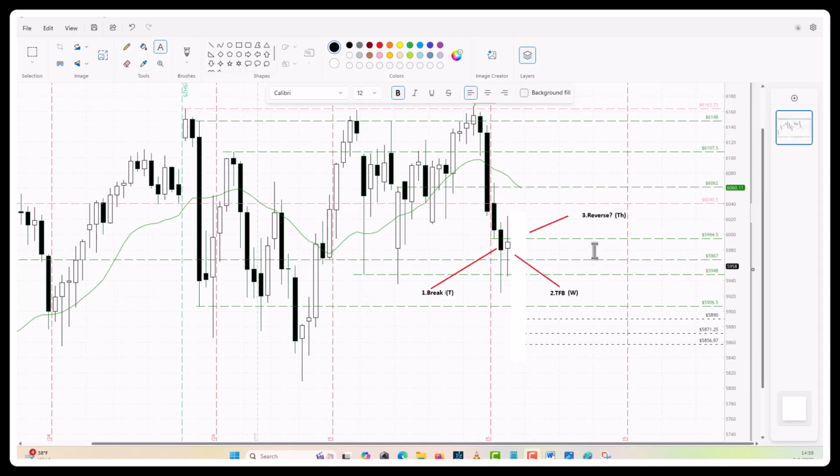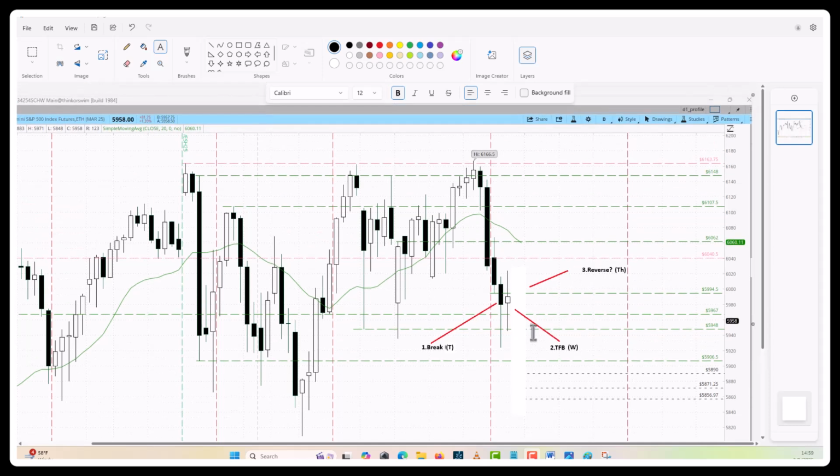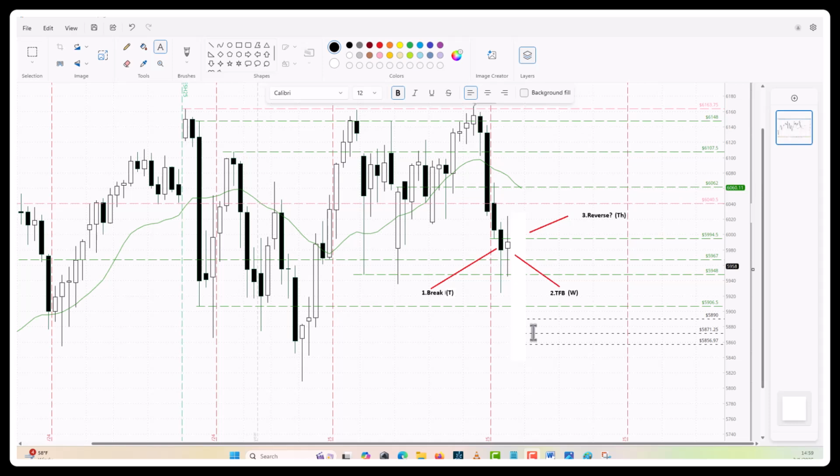So right here we anticipate that, okay, on Thursday it can be a long setup, reverse with a question mark right there. So that's our thought process before going to Thursday. So we have a potential for a breakout reversal.